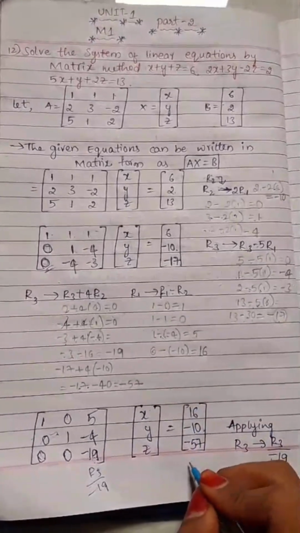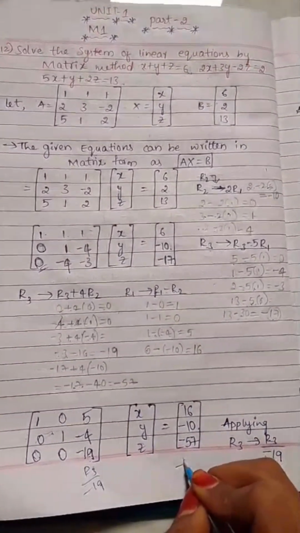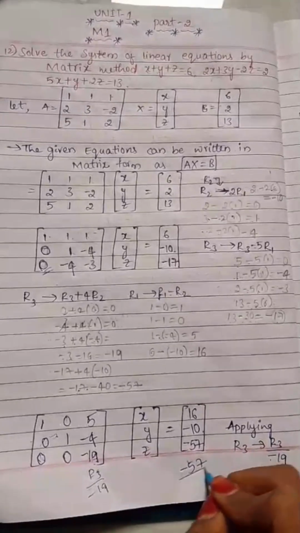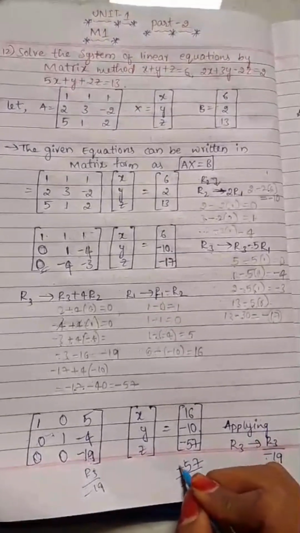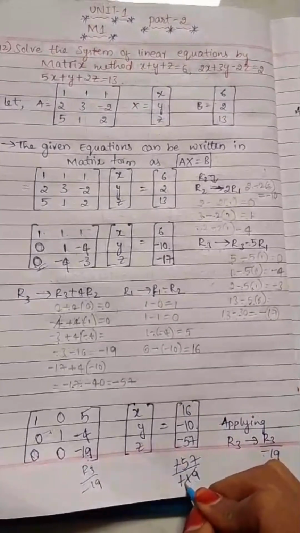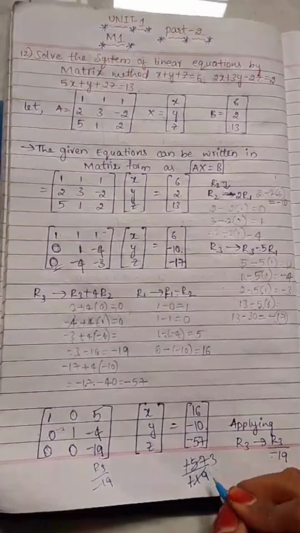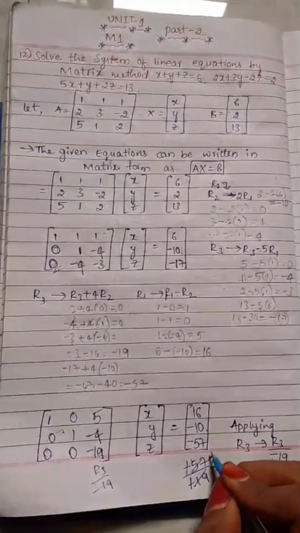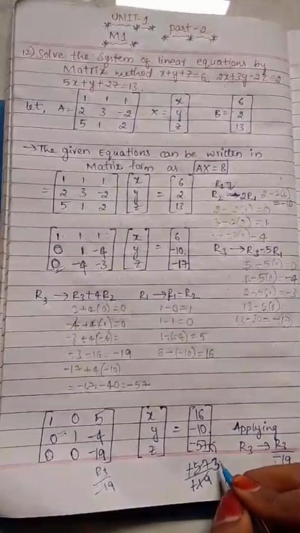And here also if I do, R3 is minus 57 divided by minus 19. Minus minus will get cancelled. 19 3 is a 57. This will become 3.